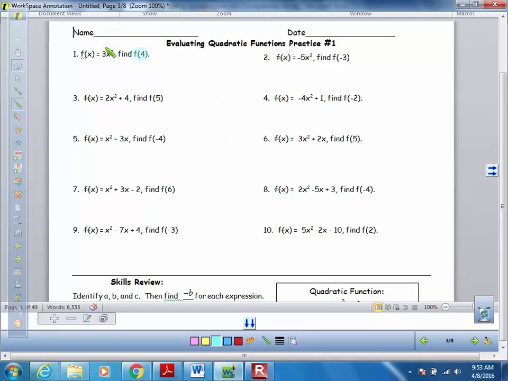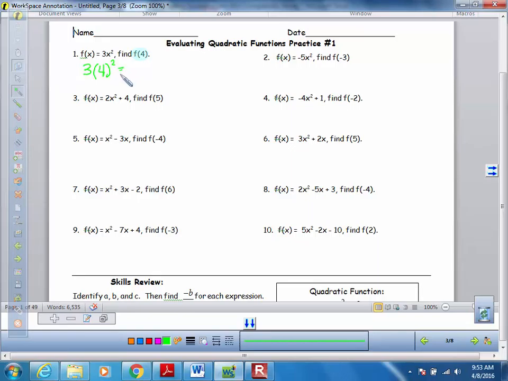So in number 1, they give me that my function is 3x squared, where x is 4. So I'm going to take this function, and every time I see an x, I'm plugging in 4. So I get 3 times 4 squared.